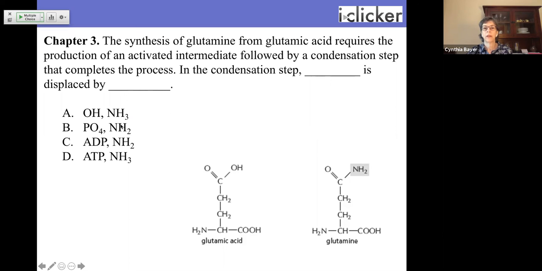Replacement of the phosphate that had been bound to this carbon, replaced in the second step with the amine from an ammonium. Right? Overall favored reaction as long as we couple the conversion of glutamic acid to glutamine with ATP hydrolysis. So go back and refresh your memory about that process that we talked about in the coupling, how a spontaneous reaction can drive a non-spontaneous reaction.